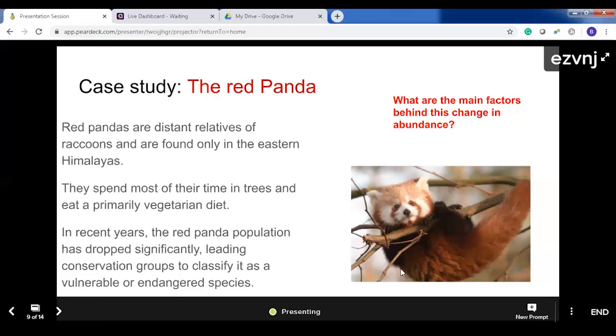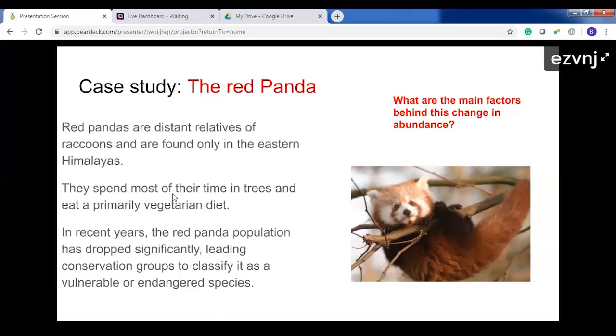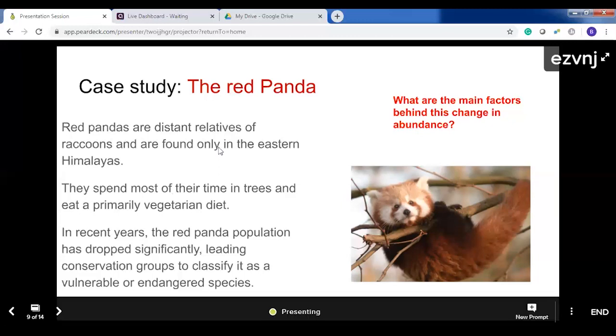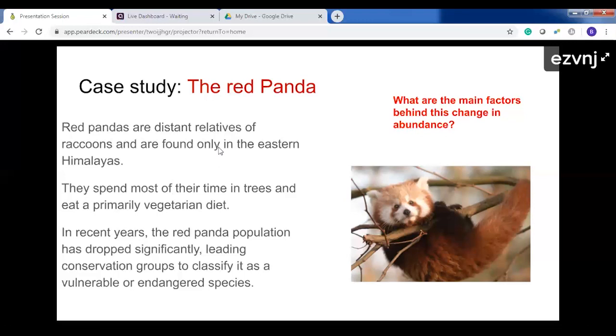Now, what can be the main factors behind this change? Do you have any idea? So why are these red pandas going extinct? Sonia, any idea? Maybe the habitat is changing. Yes. The climate.